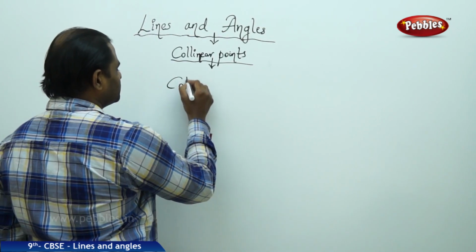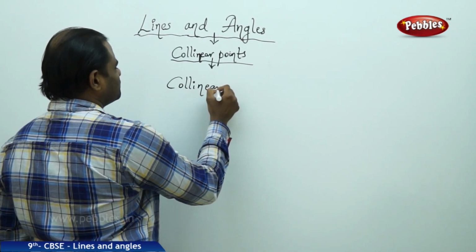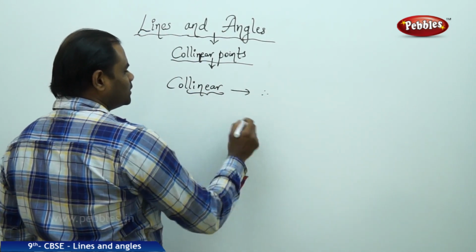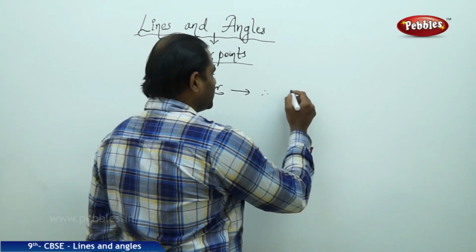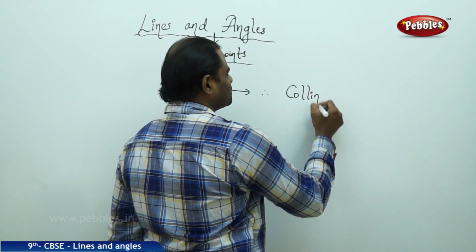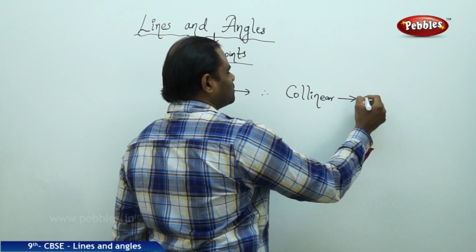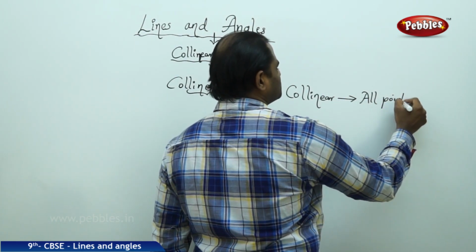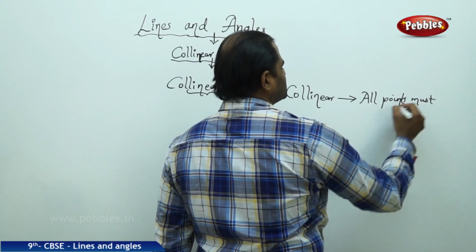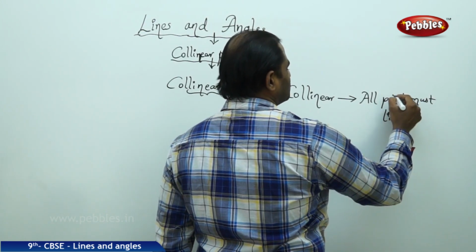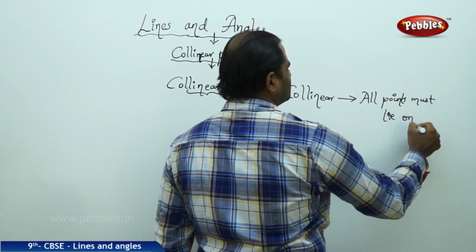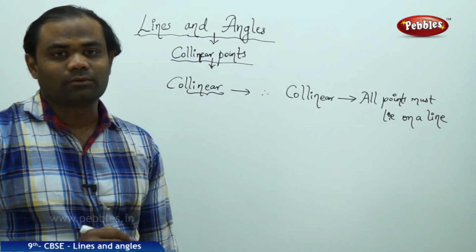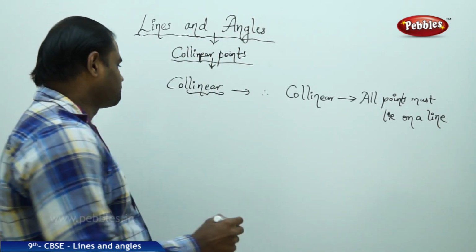The word collinear itself says they are linear, therefore we have collinear implies all points must lie on a line. Then only we say the points are collinear.